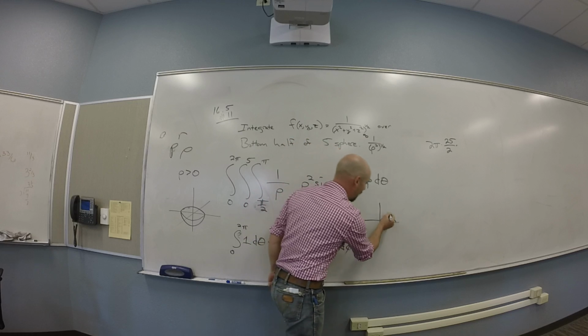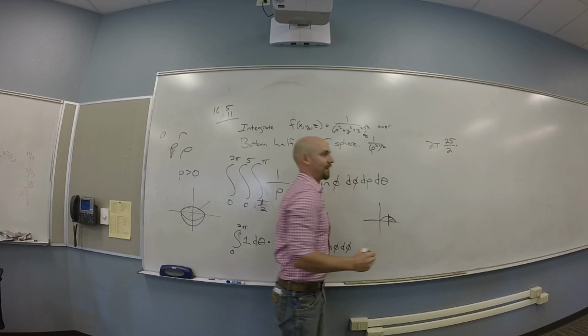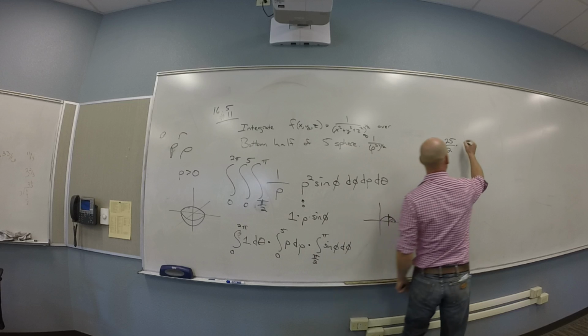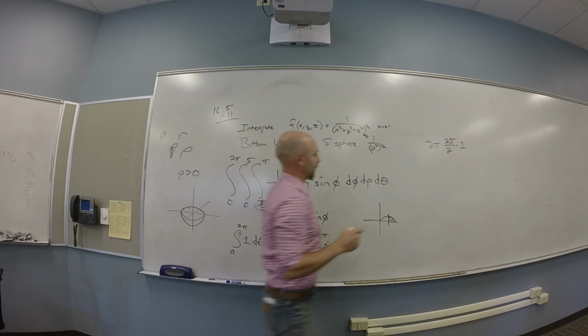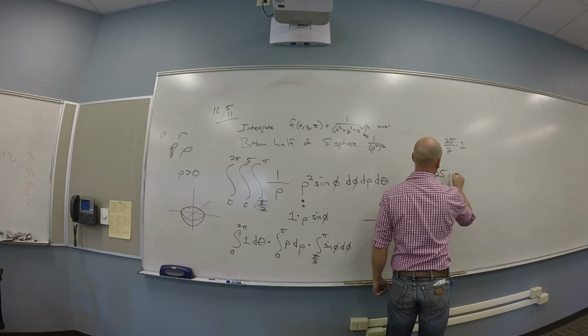So from pi over 2 to pi is this stuff, which is 1. And that gives you the 25 pi. So I got 25 pi.